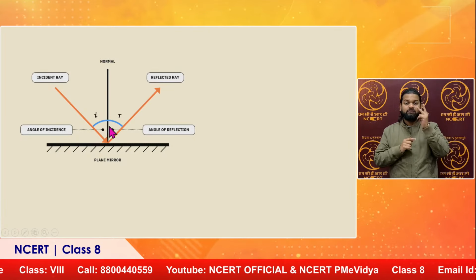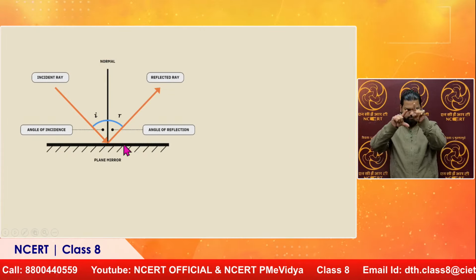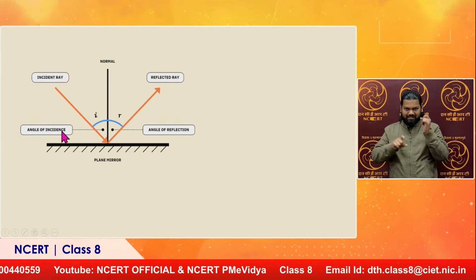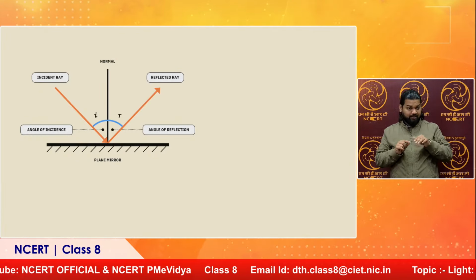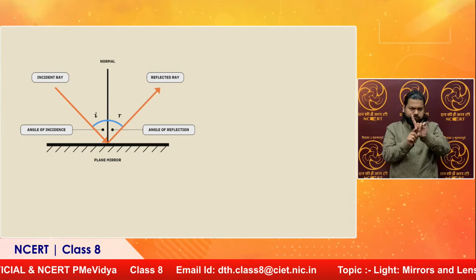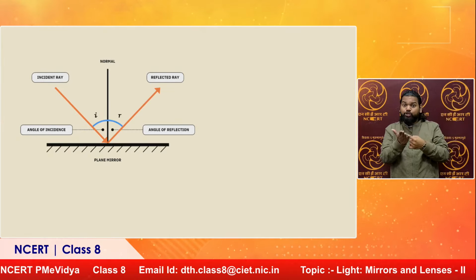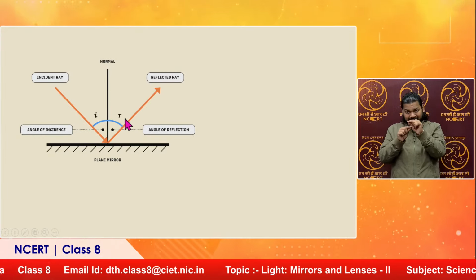Normal is perpendicular to the surface of the mirror. Next is angle of incidence. What is the angle of incidence? It's the angle formed between the incident ray and the normal. So this I is the angle of incidence and R is the angle of reflection.